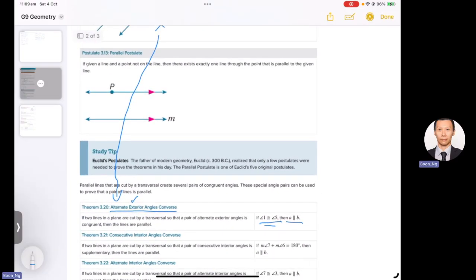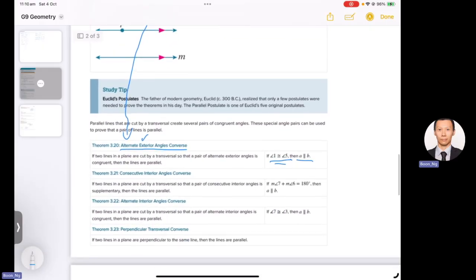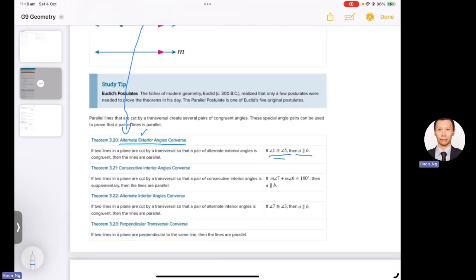Basically, I don't really use exterior, because you can just deduce it. You can work backward in order to get this theorem. I never remember this one, but it's theorem 3.20.